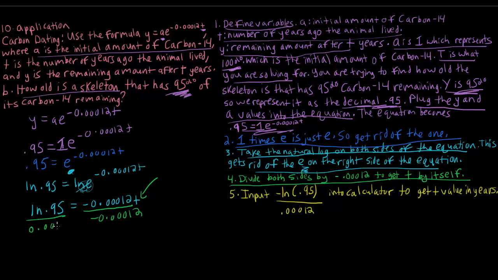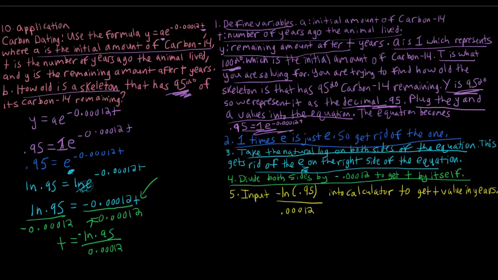So we'll end up with t equals ln 0.95 over 0.00012, and actually it's a negative, don't forget the negative, got to carry over the sign, so this is negative ln 0.95 over 0.00012.